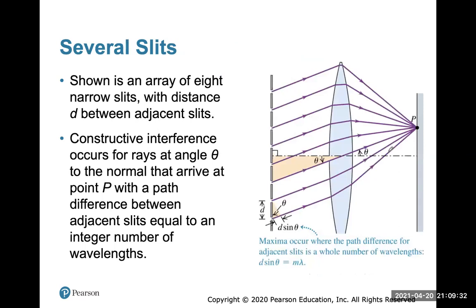Well, okay, what if we have multiple slits? The same argument applies. The path differences between, this is like the Huygens thing, kind of.